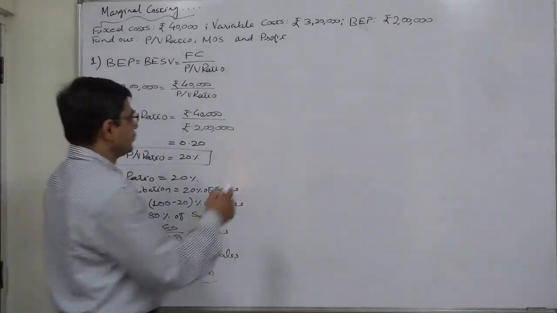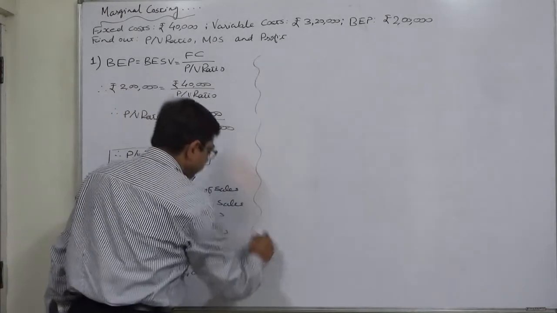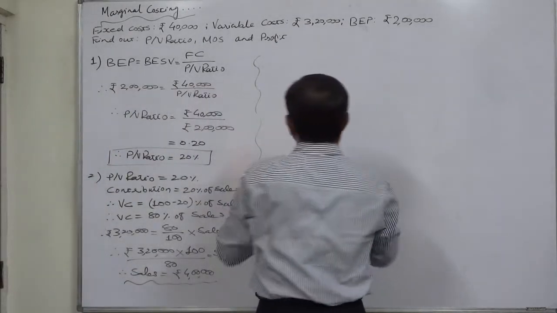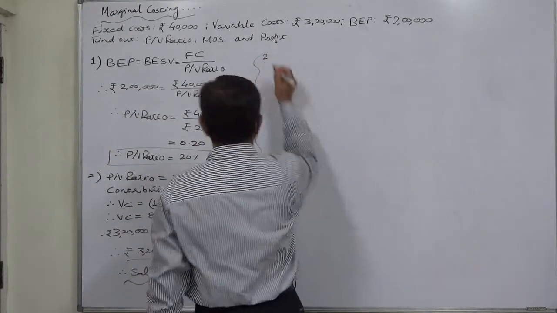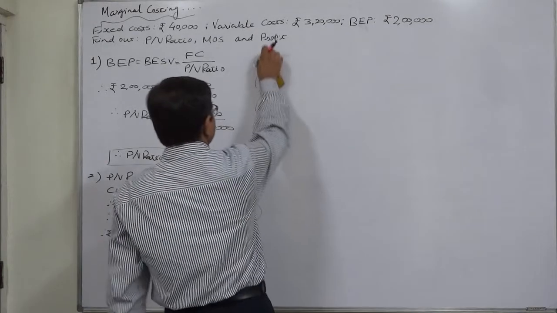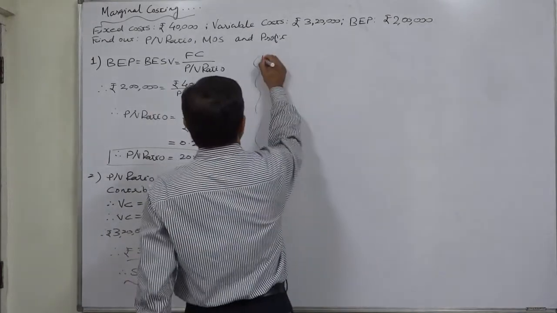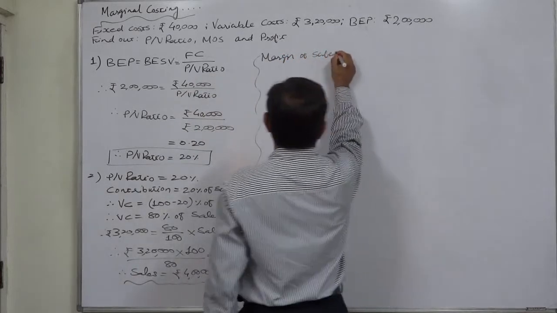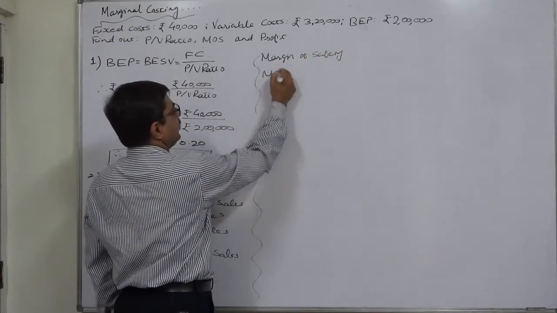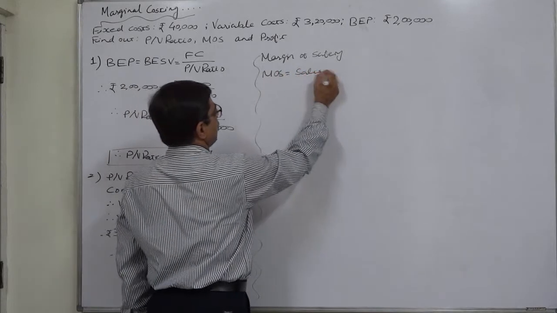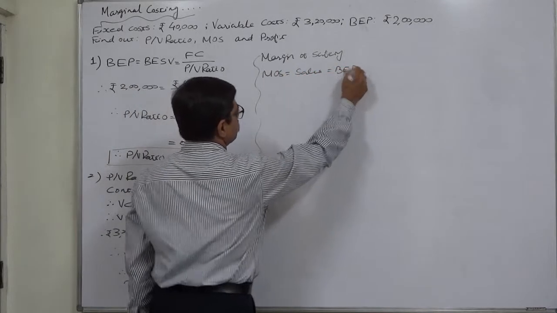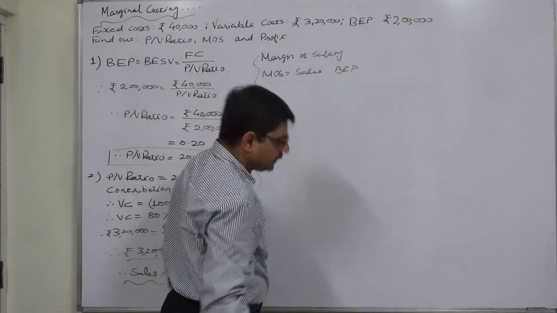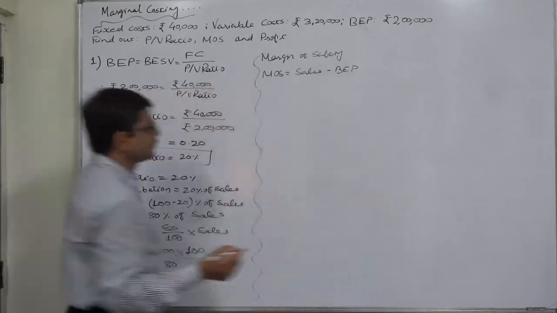Now we have two things. Sales we have already found and BEP is readily available. So now we can get the answer number 2, margin of safety. Margin of safety equals sales minus BEP. If we substitute values of both these things, we can have the value of margin of safety.